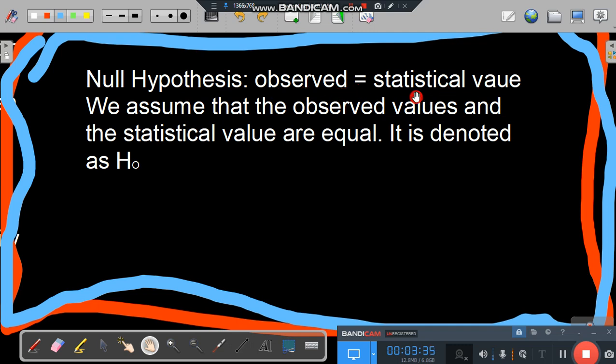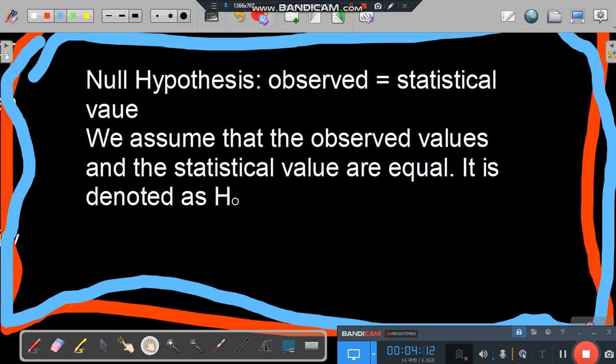This type of blind statement we call the null hypothesis. So the null hypothesis is the assumption that the observed value equals the statistical value, and it is denoted as H0. That is the meaning: null, H0, null hypothesis.